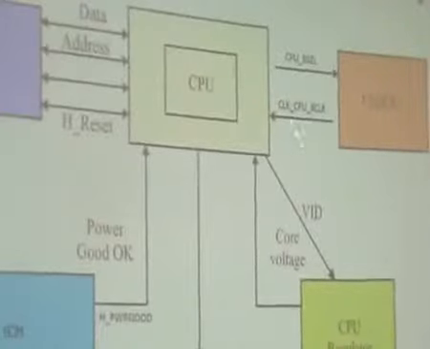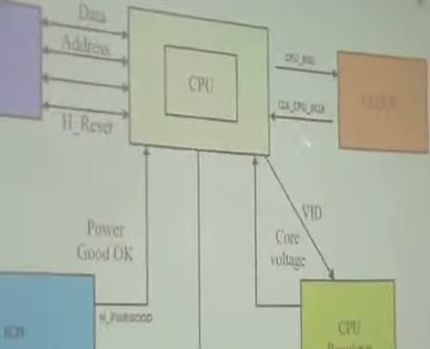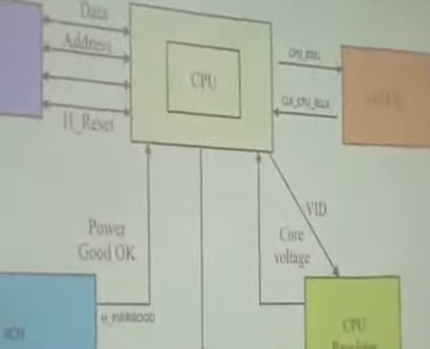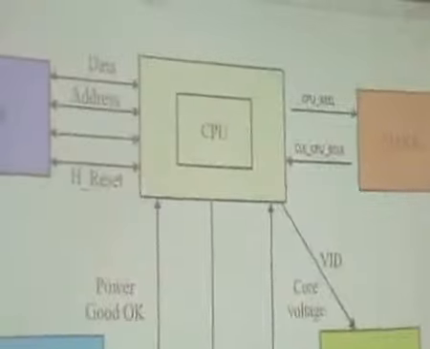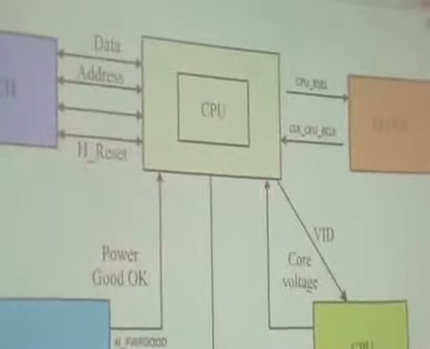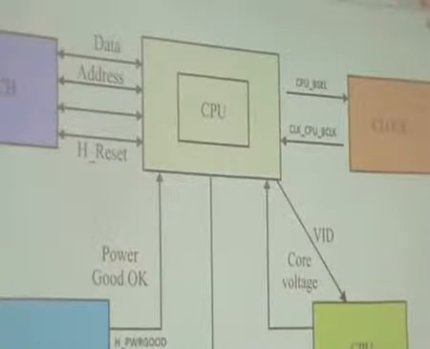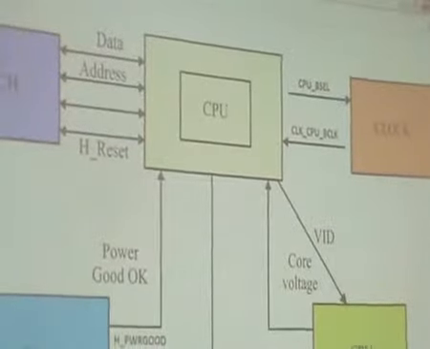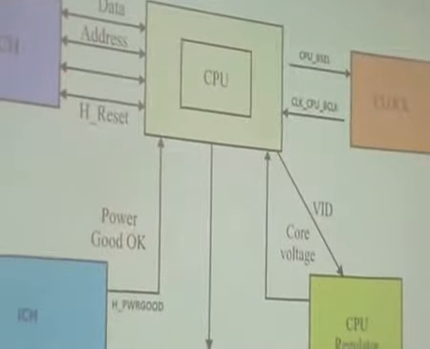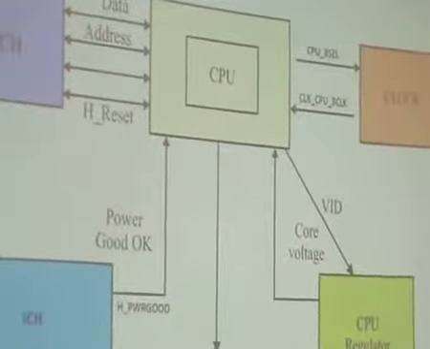Clock giving the return signal CLK underscore CPU BCLK. This is a signal name, and this signal name will remain the same in any kind of laptop motherboard. The pin number might change. So we have to remember this block diagram, keep it in mind, and then go to the schematic diagram and see where these signals are on which pin to understand this.